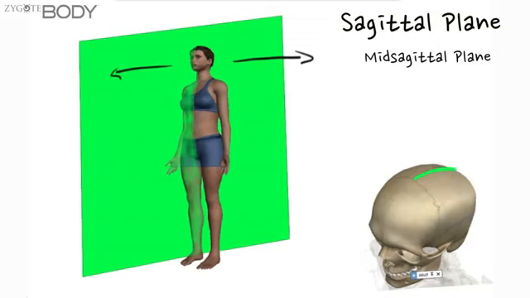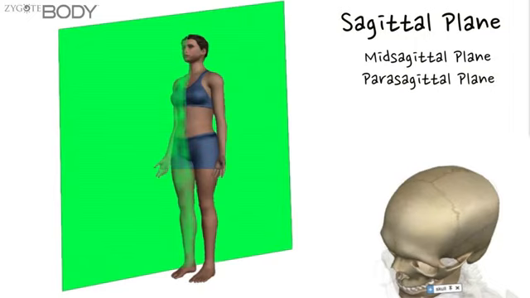If we were to move this plane a little bit to the left or the right, still maintaining the same front to back direction, this would be called the parasagittal plane.